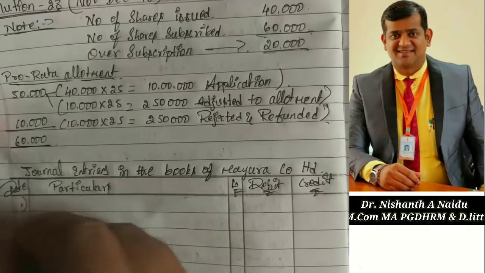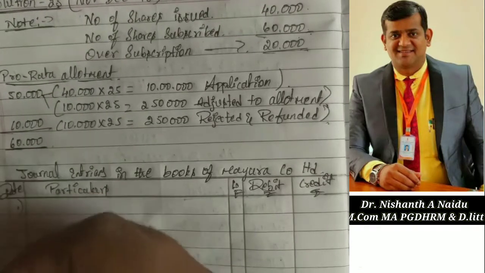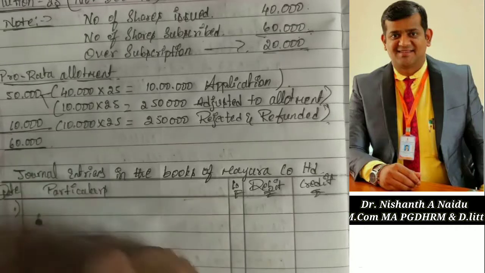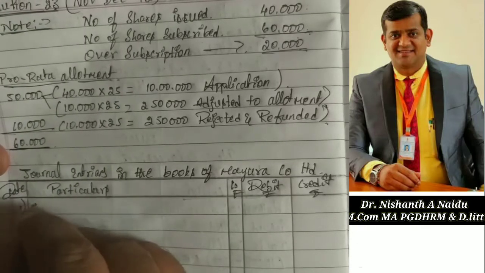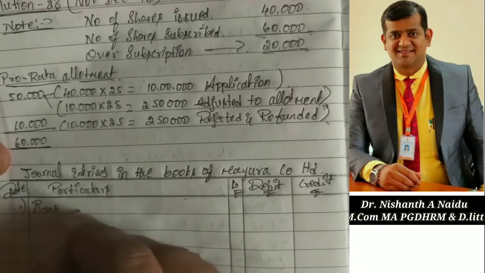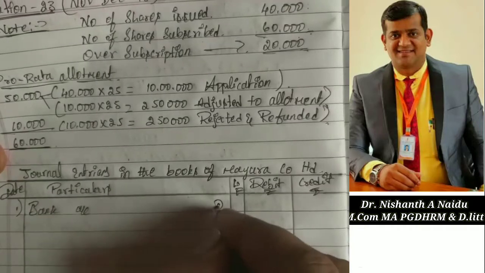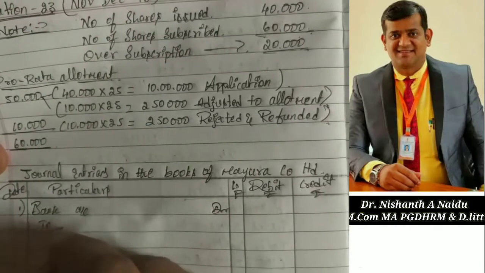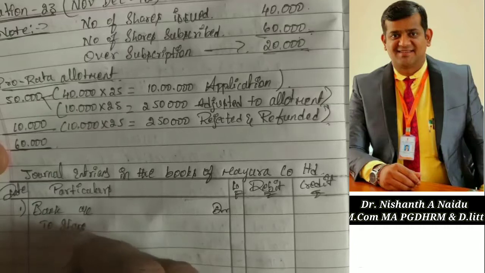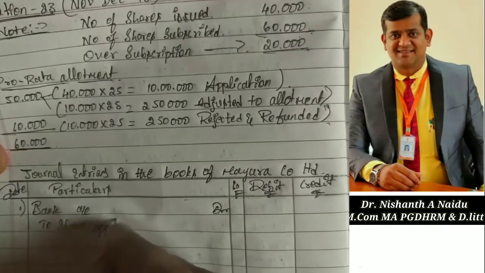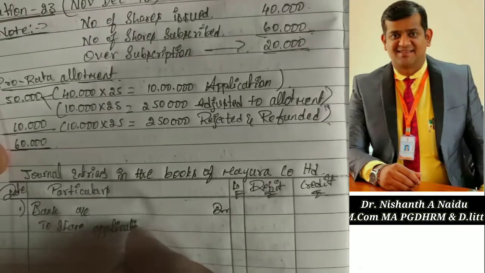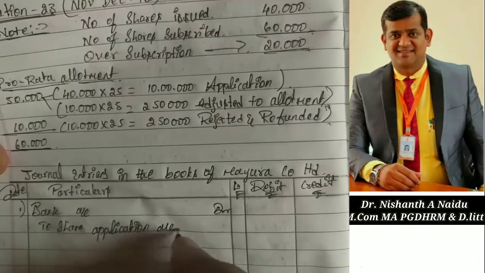So the first entry is bank account, that is application receive entry. So the first journal entry never changes: bank account debtor to share application account.